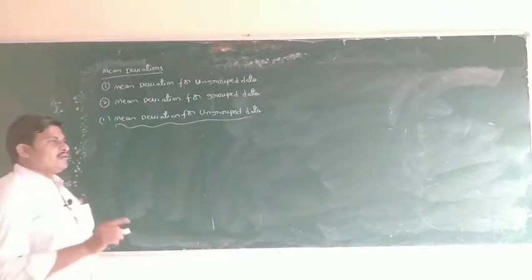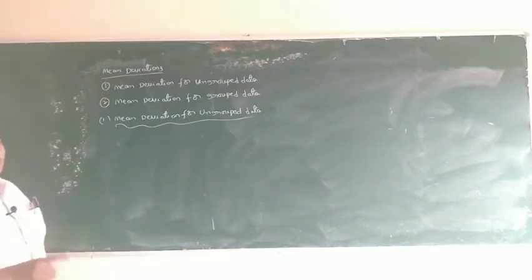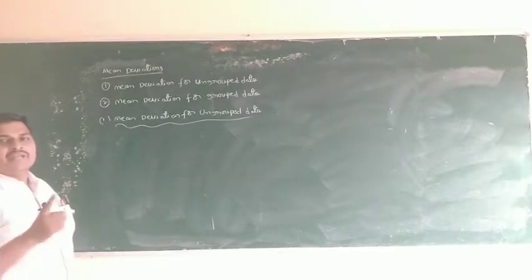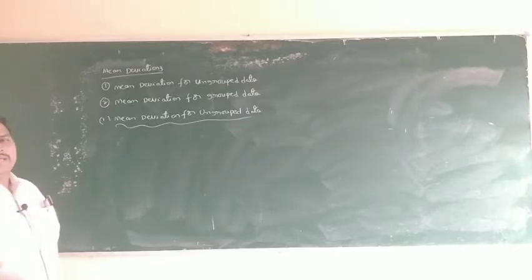Mean deviation for ungrouped data is of two types: mean deviation about mean and mean deviation about median. So, steps to calculate mean deviation for ungrouped data.